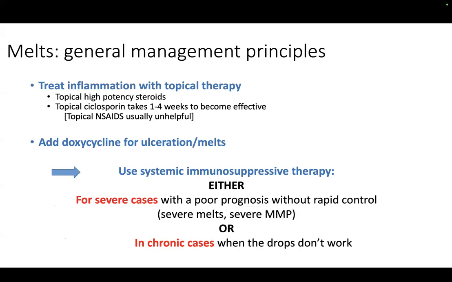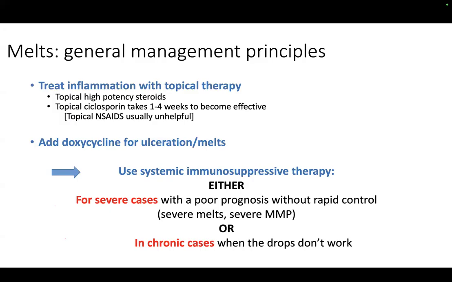Tetracyclines such as doxycycline and minocycline orally can be helpful in controlling melts because they have an effect on what we call matrix metalloproteases in the cornea, and blocking the action of those will limit the risk of collagen breaking down and an accelerated melt. So quite frequently we'll put patients on those if we suspect that they might have something like this.